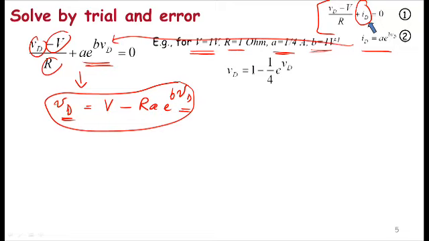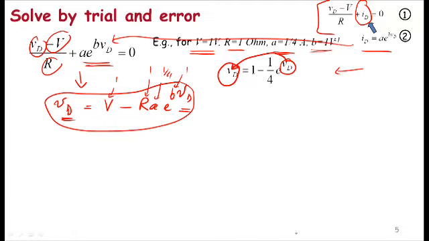How do I get that? V is 1, I've chosen R to be 1, A is 1/4, and B is 1. And so this is what I get on the right-hand side. So I now need to solve this equation, where VD equals 1 minus 1/4 e raised to VD.